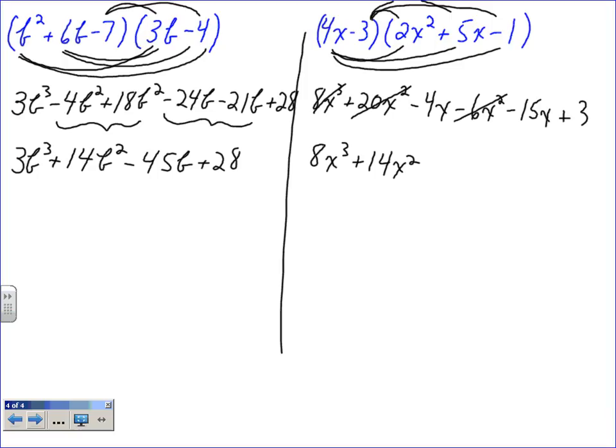Next I have negative 4x and negative 15x, negative 19x, very good. And finally at the end, we'll put our constant, which is plus 3. All right? This is a very important lesson.